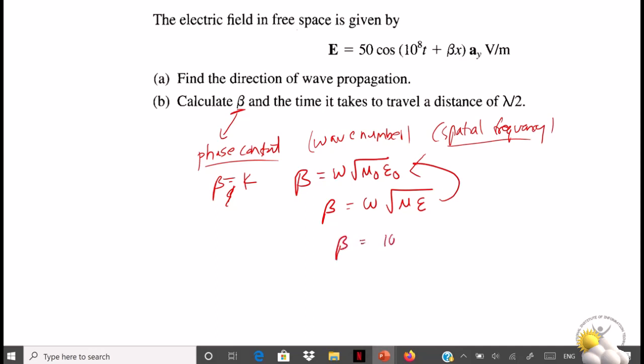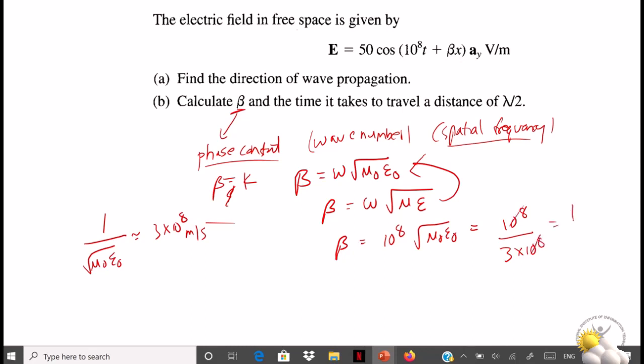Beta is 10 to the power of 8 times square root of mu naught and epsilon naught. We know that 1 by square root of mu naught epsilon naught is approximately 3 into 10 to the power of 8 meter per second, the unit of velocity. If you substitute it here, you get 10 to the power of 8 divided by 3 into 10 to the power of 8. So it cancels out to 1 by 3, and the unit is radians per meter. So that is the value of beta.